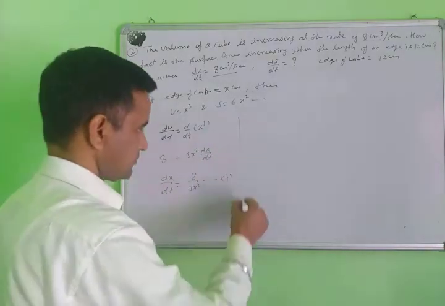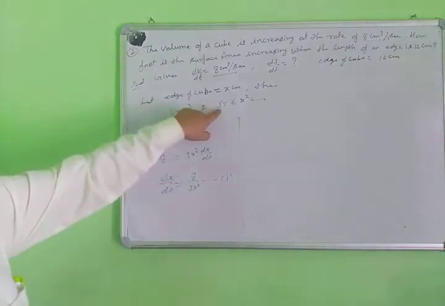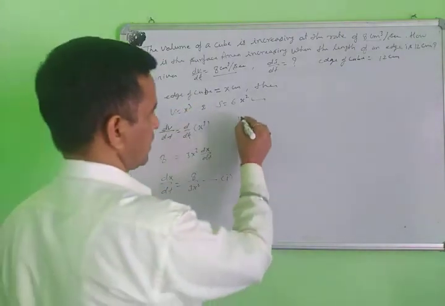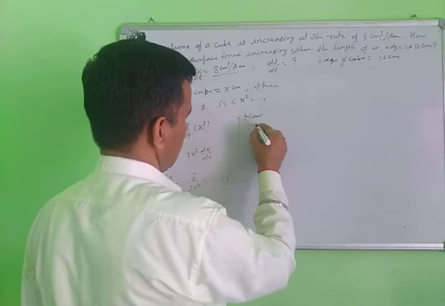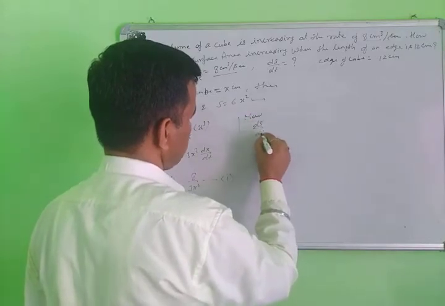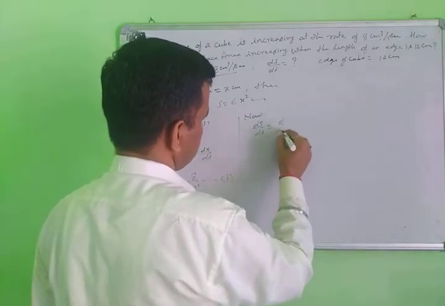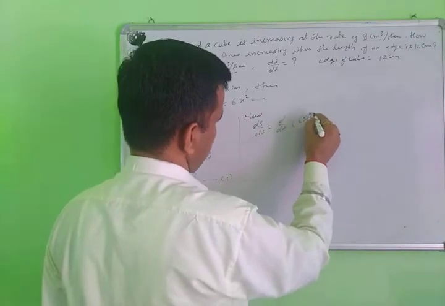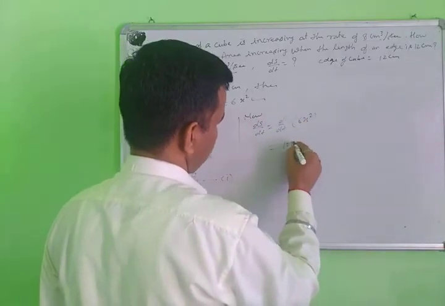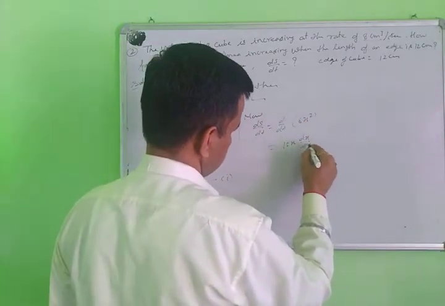Next, differentiate this value also. Now ds over dt equals d over dt of 6x square, means 12x times dx over dt.